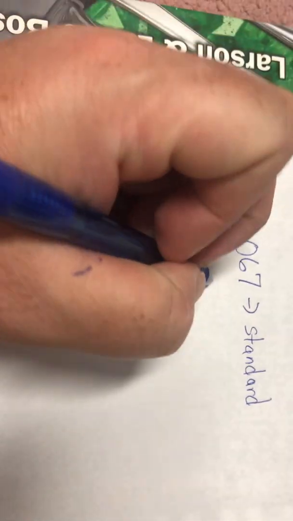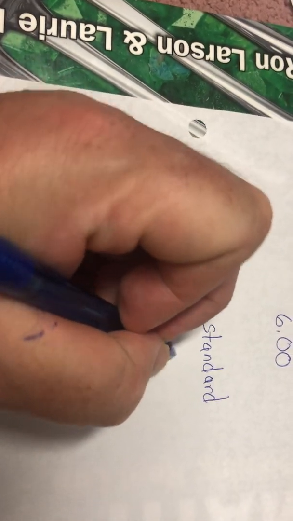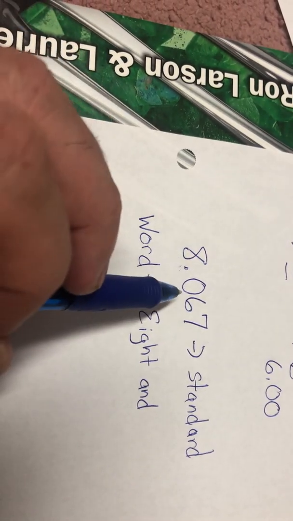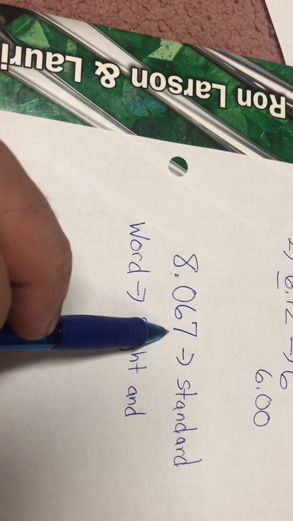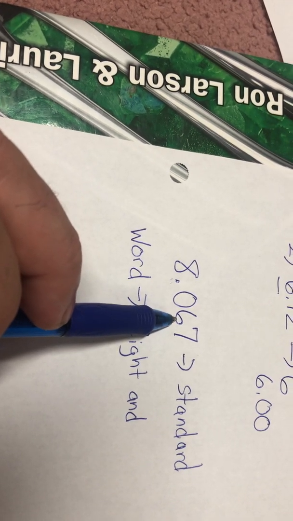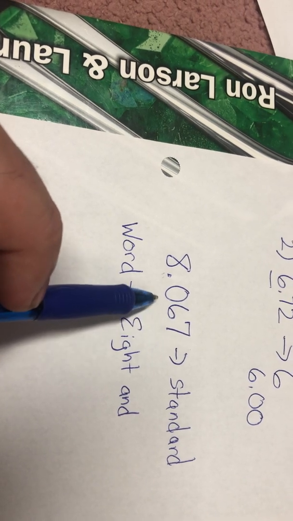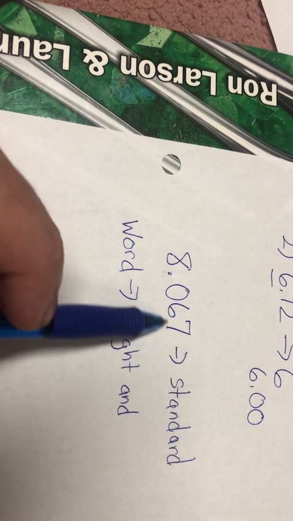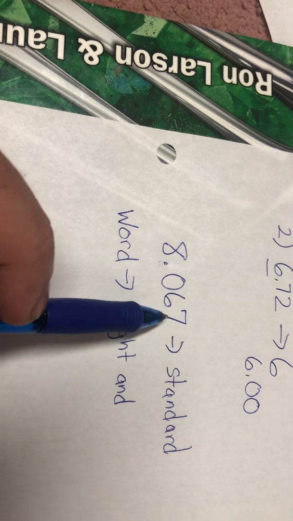So in word form, I would have 8 and whatever number comes before the decimal, that's what we put. Then I want to think, okay, what place is this 7 in? Because this 7 is my last digit. So I think tenths, hundredths, thousandths. So this is the thousandths, and I want to think, well, what is this whole number after the decimal? Well, it's 67. So I would say this as 8 and 67 thousandths.